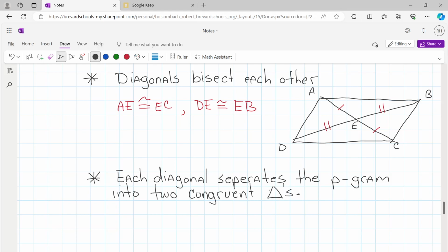Diagonals separate the parallelogram into two congruent triangles.